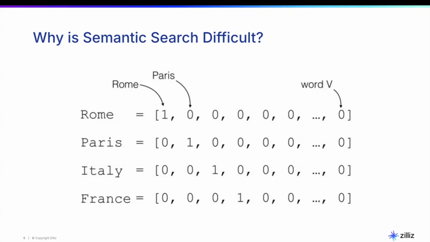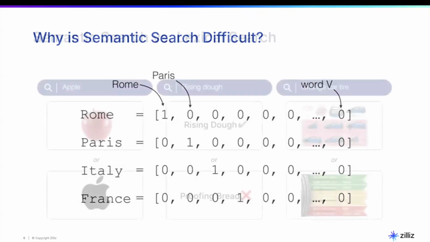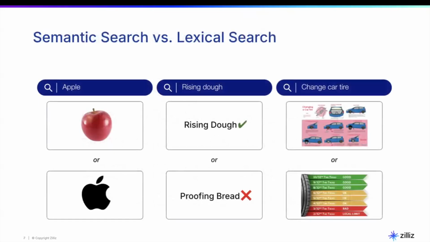These features don't say anything about the relationship between different words. What's the relationship of Rome to Paris? We don't know, because each is just a different entry in the one-hot encoding. So that's why semantic search has been challenging, and why it's only just exploding onto the scene.